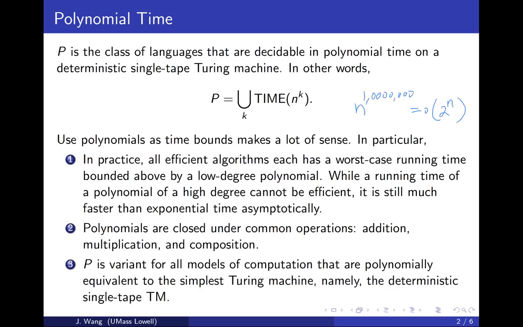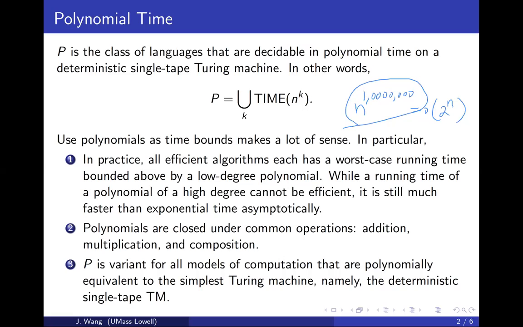So it is still efficient in that regard, but of course, in practice, all polynomial time algorithms tend to have a time bound with a low degree polynomial.